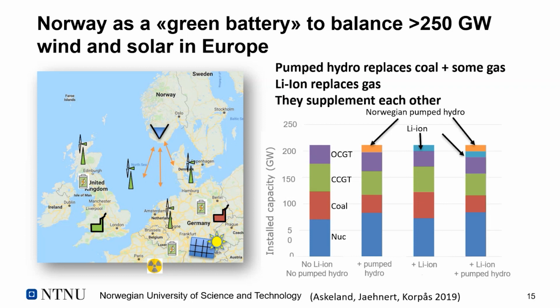And when we add both investment opportunities together, we see that they are not competing. They take each their slice of the fossils, making a more efficient integration of the wind and solar here.